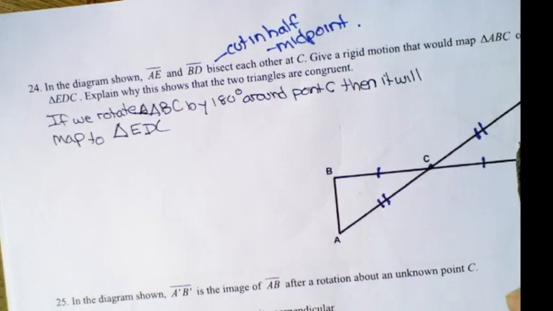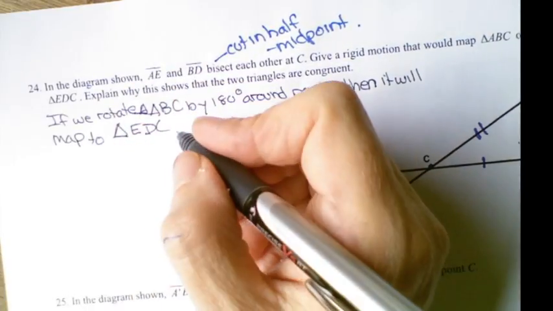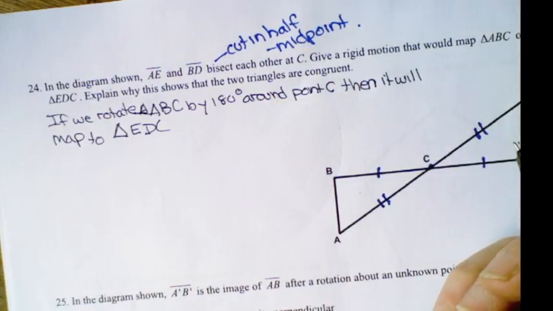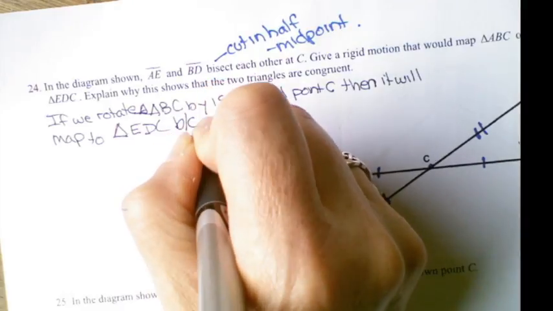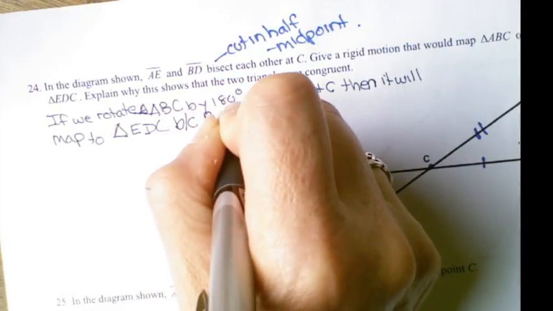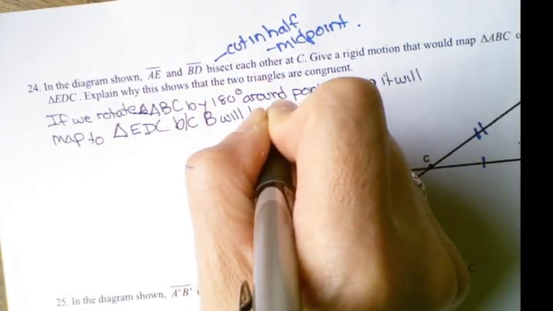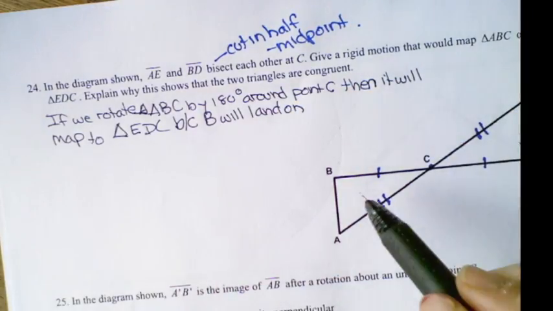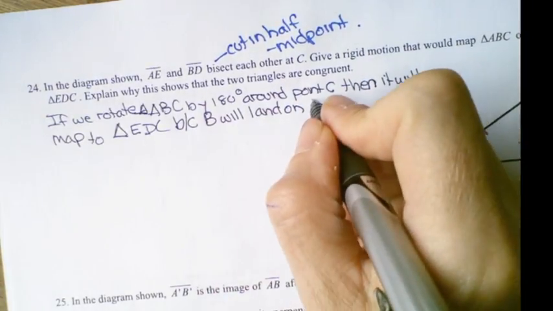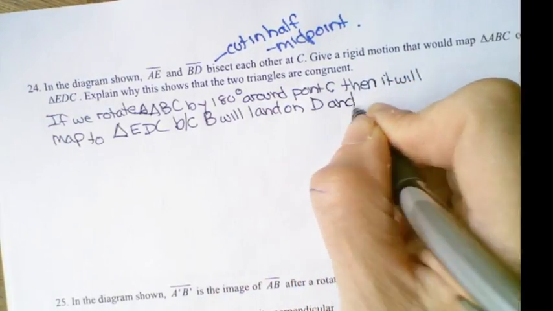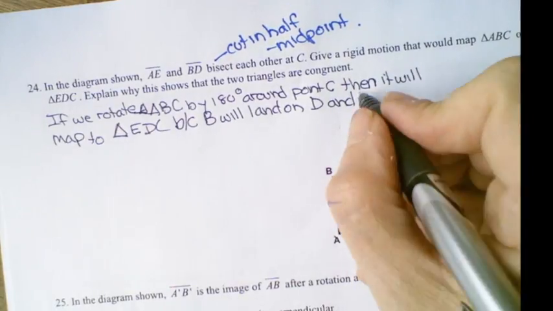This will map onto here, because B will land on D and A will land on E. B will end up here and A will end up there.